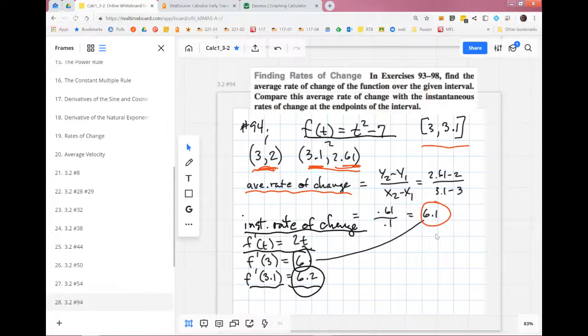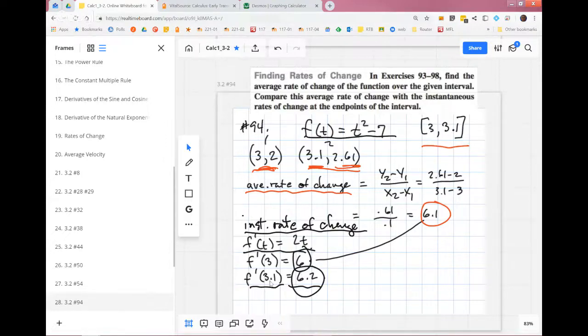All right. Then it says, what's the instantaneous rate of change at the endpoint? So first, we got to find the derivative. Easy derivative, right? t squared minus 7 is 2t, because power rule gives 2t, and the constant gives nothing. All right, what's f prime at 3? So plug in a 3 into your derivative formula.